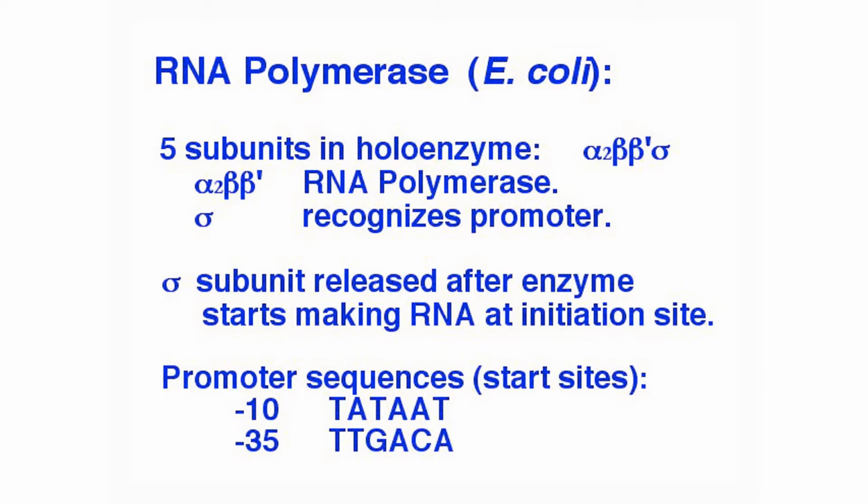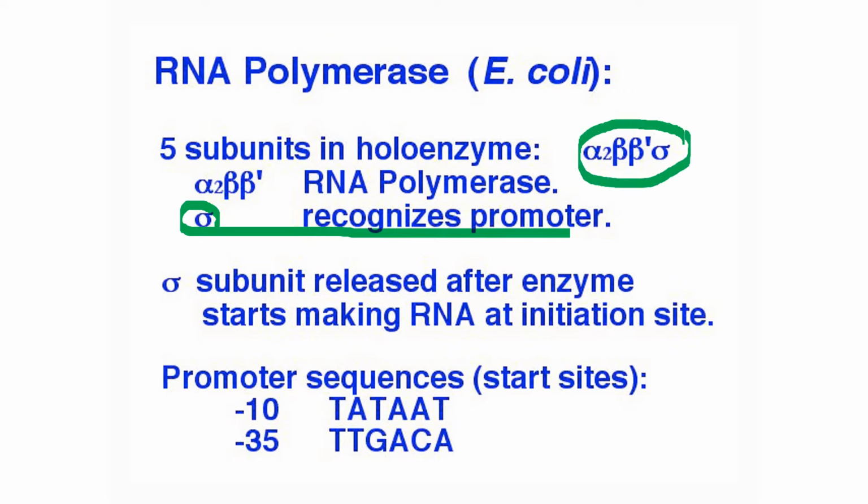So those comprise the RNA polymerase. The holoenzyme, or the enzyme that is required to recognize the promoter, also includes the sigma subunit. So this is the holoenzyme, and this is the RNA polymerase.